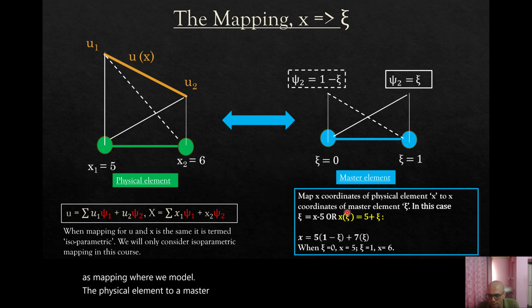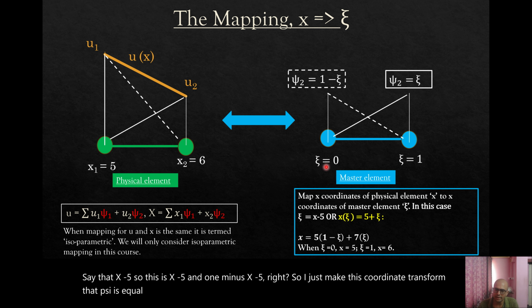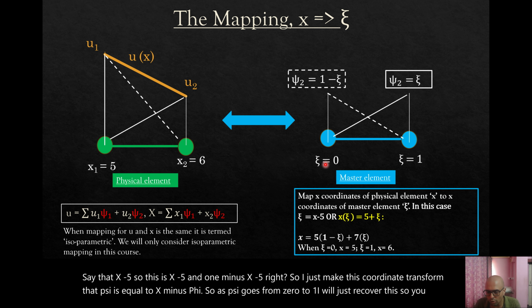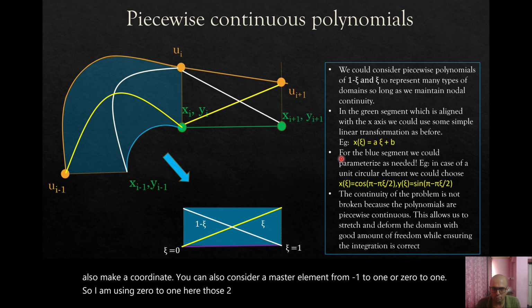Okay, so if the physical element is running from 5 to 6, we can say that this is x minus 5 and 1 minus x minus 5, right? So I just make this coordinate transform, that psi is equal to x minus 5. So as psi goes from 0 to 1, I will just recover this. You can also consider a master element from minus 1 to 1 or 0 to 1. I am using 0 to 1 here. Those two are the most commonly used.